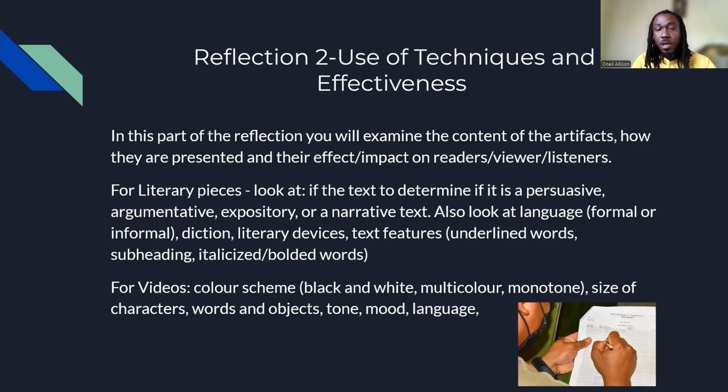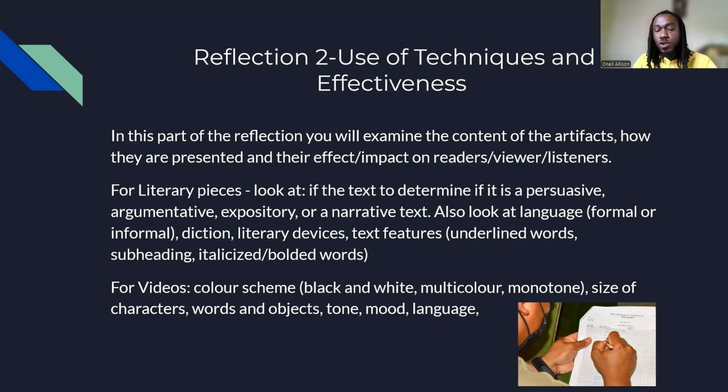All right. You're going to also look at the literary devices, of course, simile, metaphors, onomatopoeia, pun, assonance, alliteration. How were these literary devices employed, and what is the effect of the literary devices being employed? How did it affect the readers?